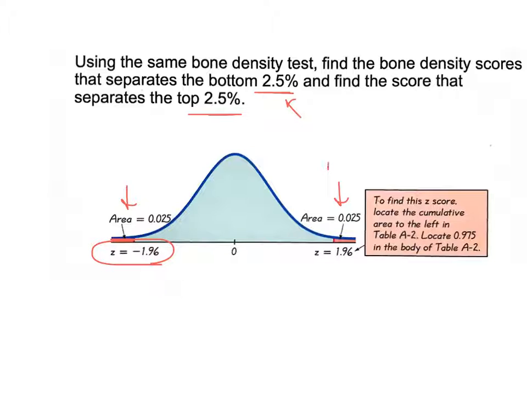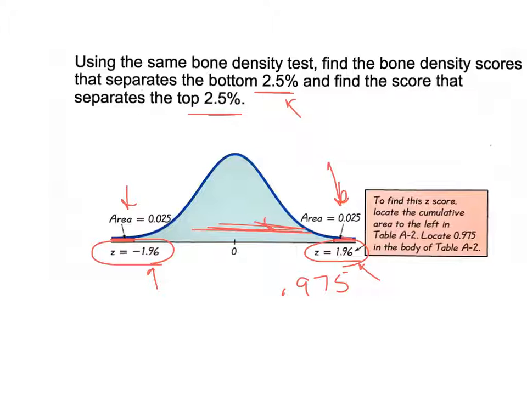Now, I can't do the same method over here. Okay, if it's 0.025 over here, that leaves to the left 0.975. I just did that by subtracting from 1. So I actually looked up 0.975 in the table, and lo and behold, I got positive 1.96.